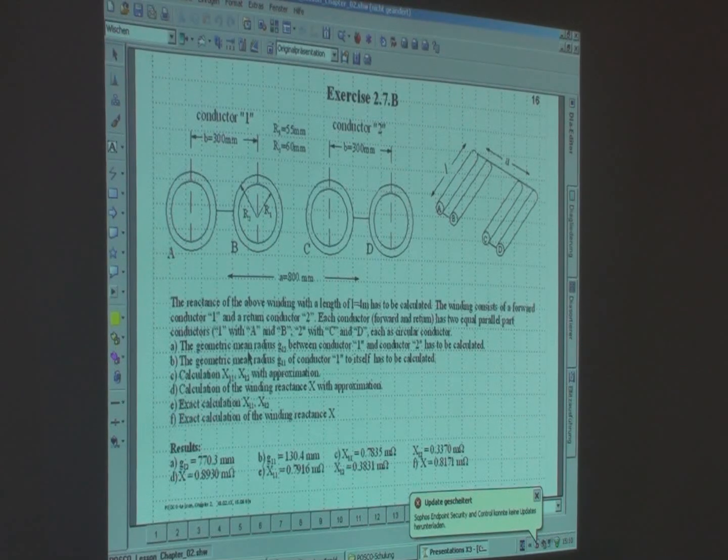First was G12. What is G12? We have already had, if we look at AC, AD, and BC.